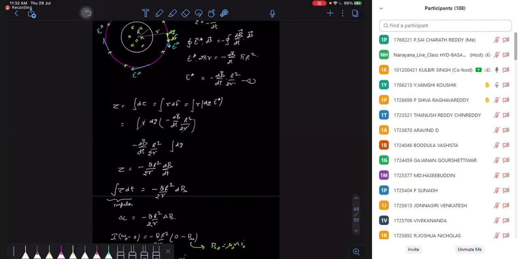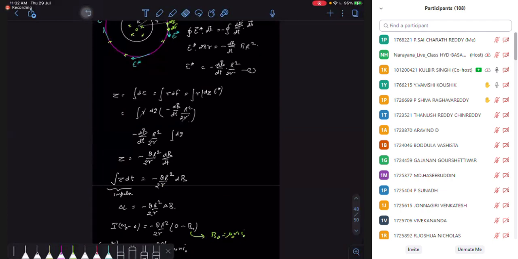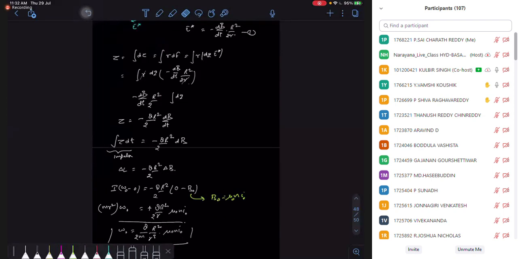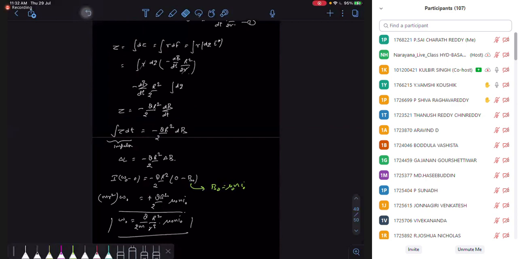Small r is also cancelled. You're right. So r square by small r square only will be there in the final step. Take care. Anyway, I hope you catch the procedure, right? Understand the logic?